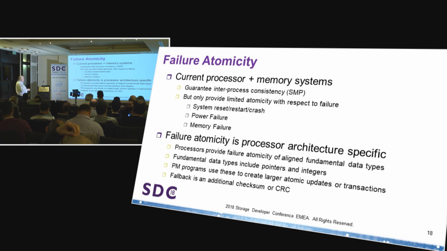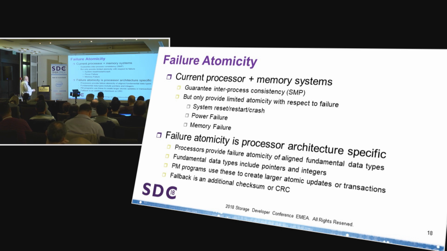So processors will provide failure atomicity of the aligned fundamental data types. And this is to help the compilers with their concept of what atomicity means. What we mean by fundamental data types is pointers and integers. Pointers for sure, integers, and maybe D words, and who knows what.